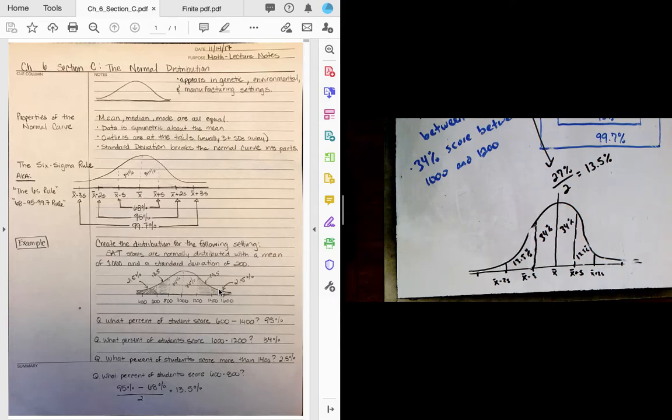The area between 95% and 99.7% can be found by taking 99.7 minus 95 and dividing that value by 2.